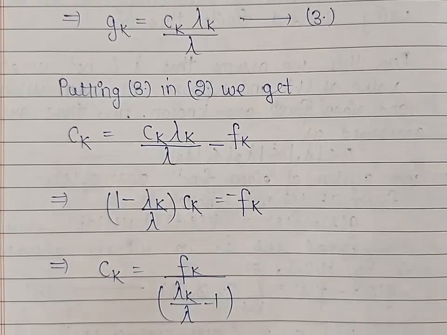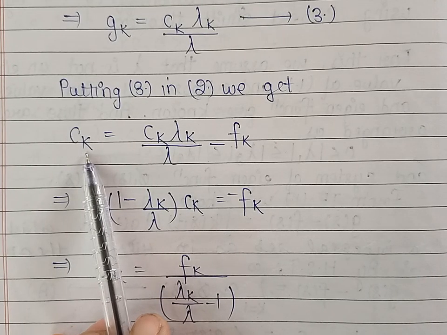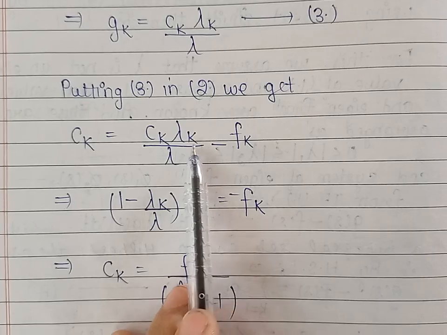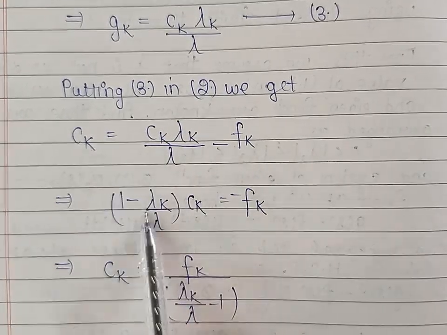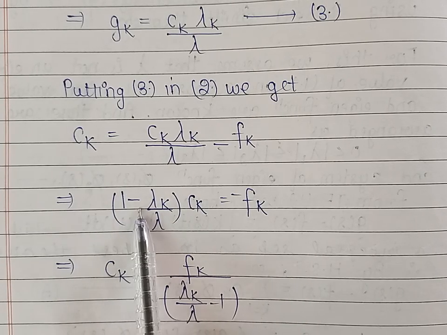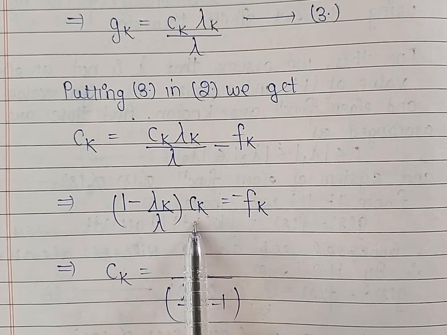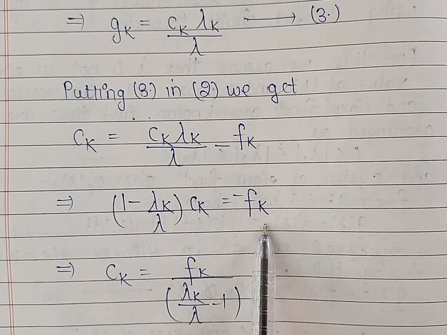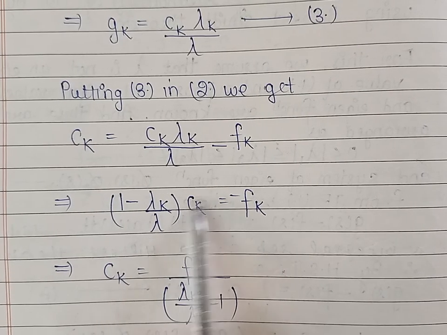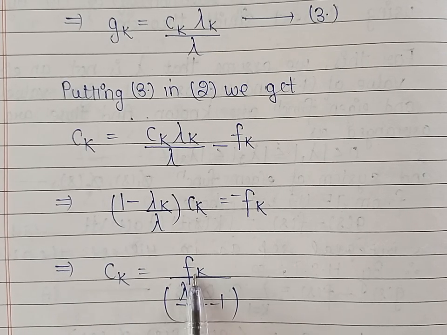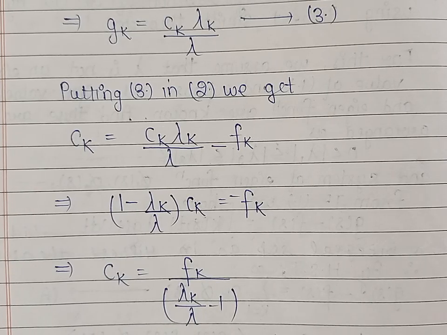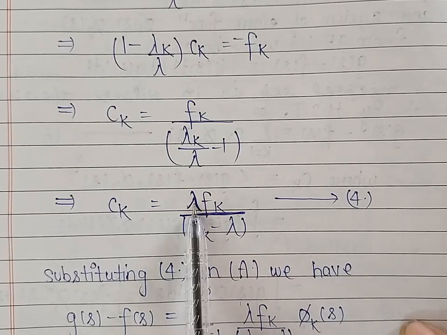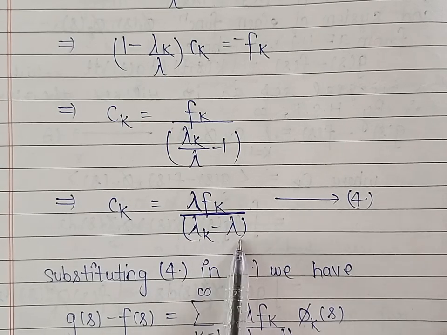Now we substitute this value of g_k in the second equation. We get c_k = c_k lambda_k / lambda - f_k. Combining these two terms on the left side, we get (1 - lambda_k / lambda) c_k = -f_k. From here, c_k = f_k / (lambda_k / lambda - 1). Taking the LCM, we get c_k = lambda f_k / (lambda_k - lambda).